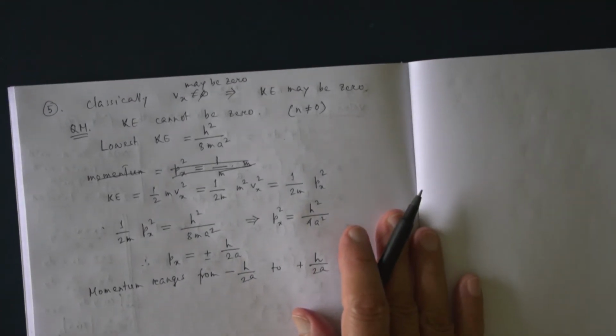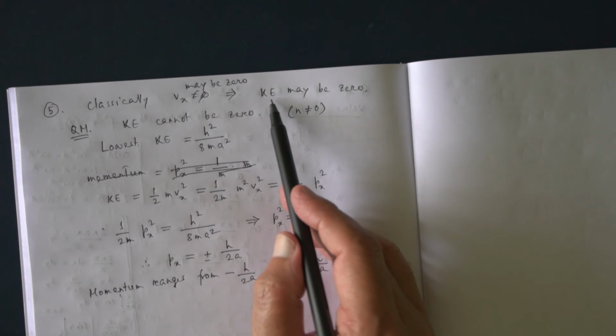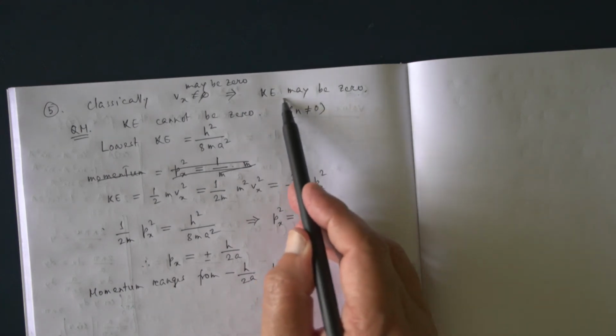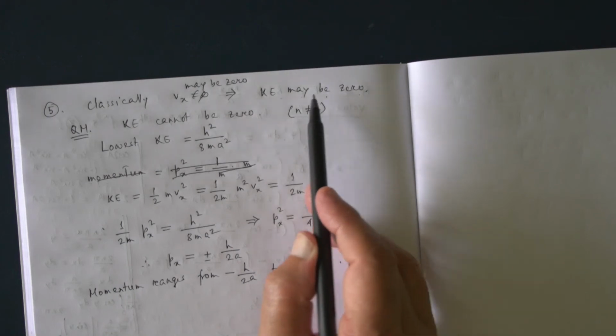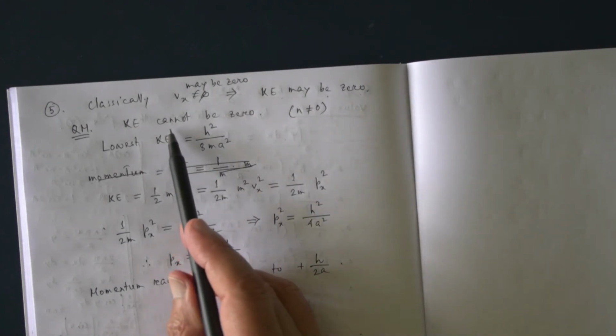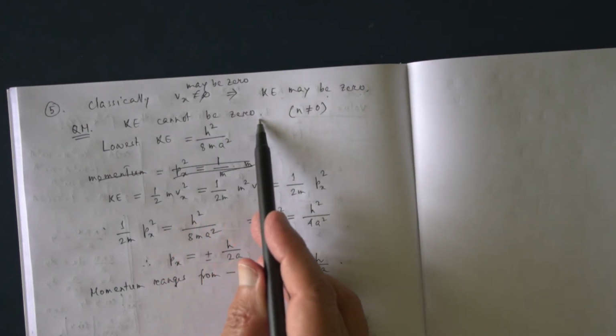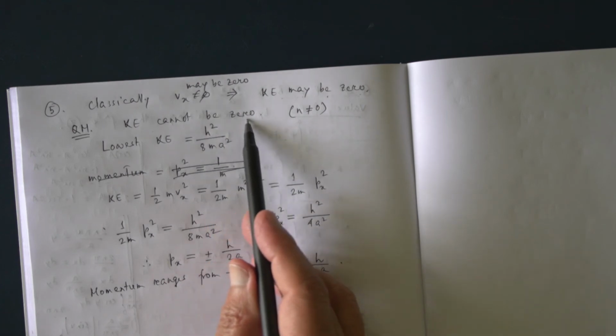Now you see, classically kinetic energy may be 0, and quantum mechanically kinetic energy cannot be zero. Lowest value is this.